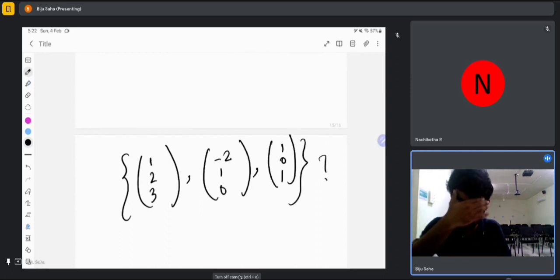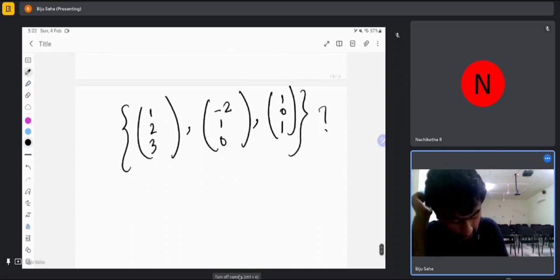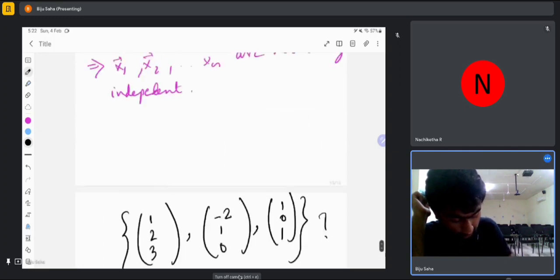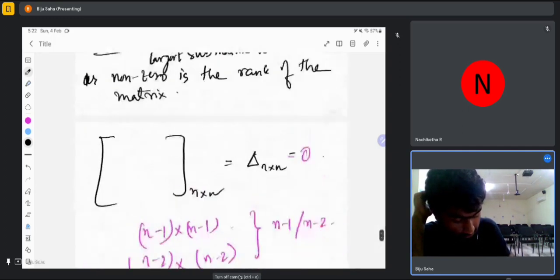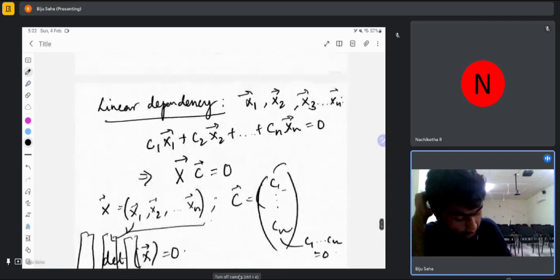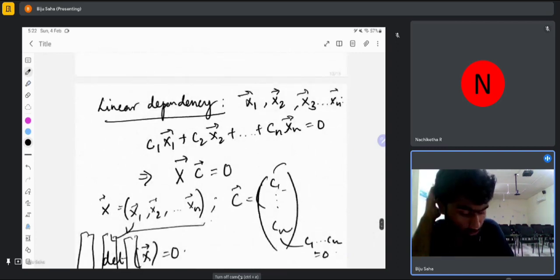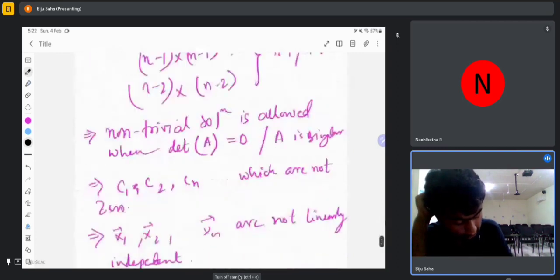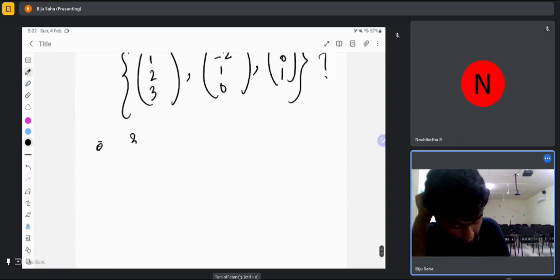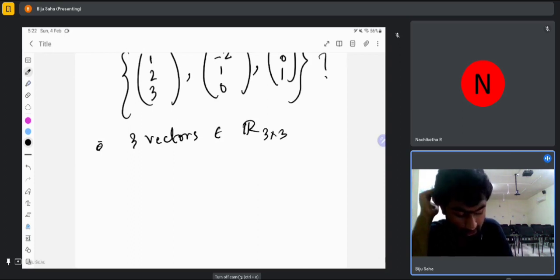So in this, again, let us write. For the other scenario we had x1, x2, ... n vectors out here. Right now we have 3 vectors, because this is a case of real 3x3 dimension.